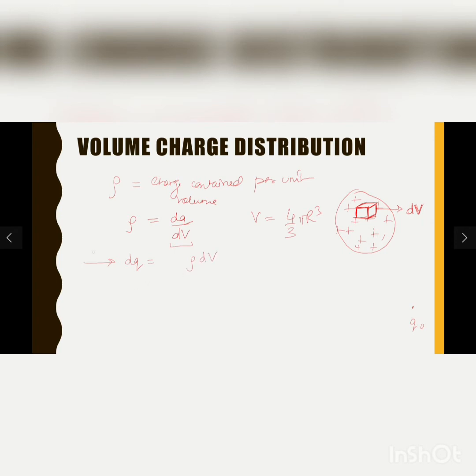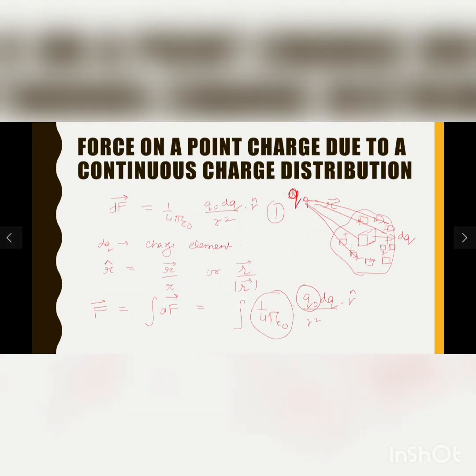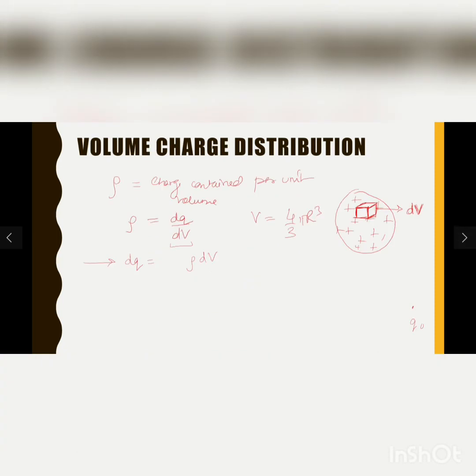Now I go back to the approach which I taught you in my previous concept. I take the force due to the contribution of a small element, and then to find the total force, I take the integral of the contribution of that small element. So I have dq as rho dV.